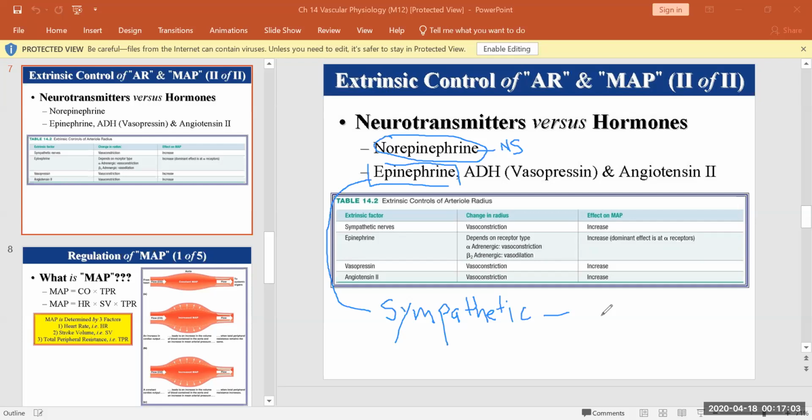So in this case, that's why I said it's a little bit of a gray zone. It was induced by the nervous system, yet it functions as a chemical messenger belonging to the endocrine system. Okay? So that's why you see the title there, neurotransmitter versus hormones.